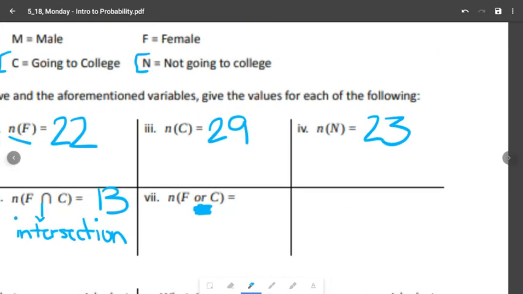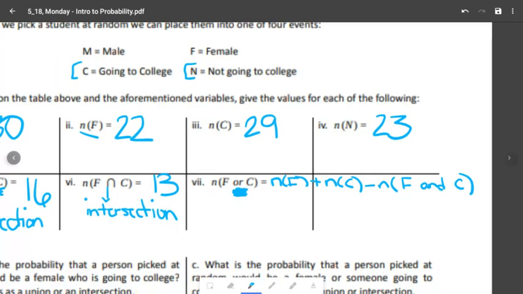The formula said that you're going to do the number of each one separately, but then from that, we need to subtract the number in the intersection, because whichever students fall into both the female and the college category, those students are going to get counted twice.